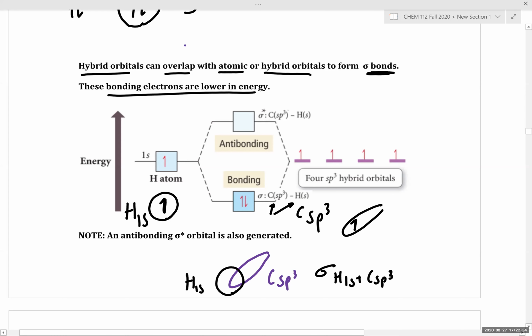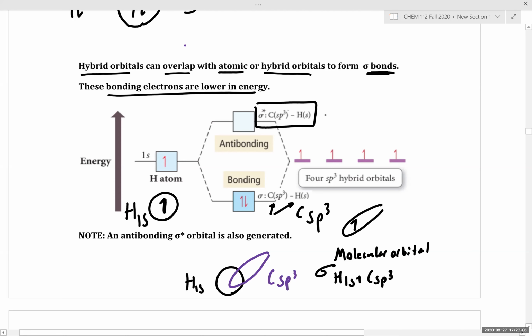This overlap leads to a new molecular orbital. In this case, we have our bonding molecular orbital, and we also generate in this bonding process an anti-bonding orbital. And this anti-bonding orbital will be important later on in our discussion of chemical reactivity.